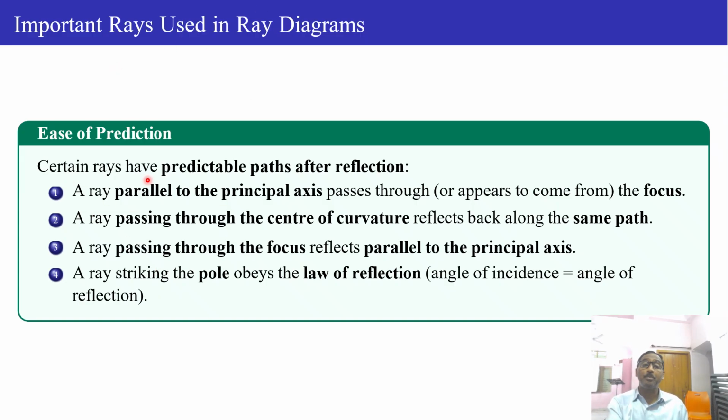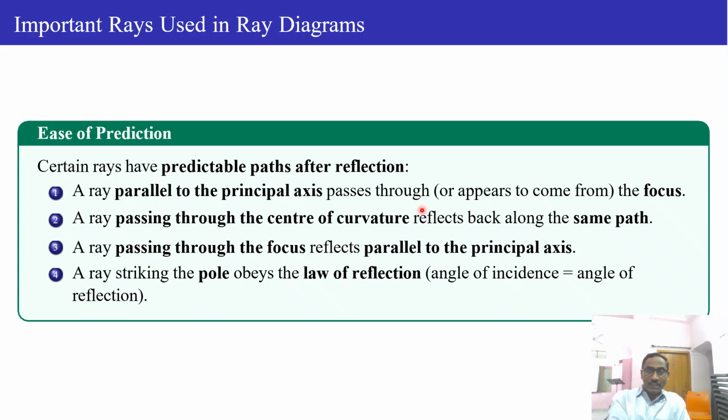Certain rays have predictable paths after reflection. The ray which is parallel to the principal axis, after reflection, will pass through the focus.